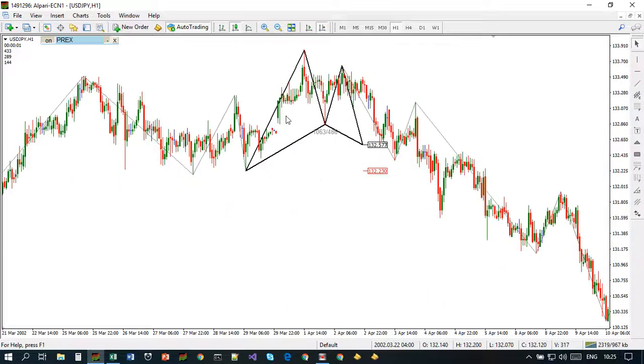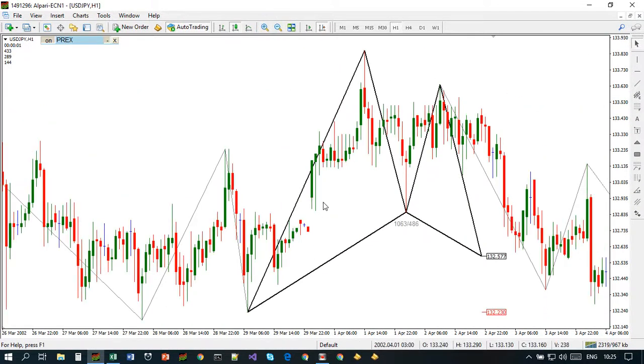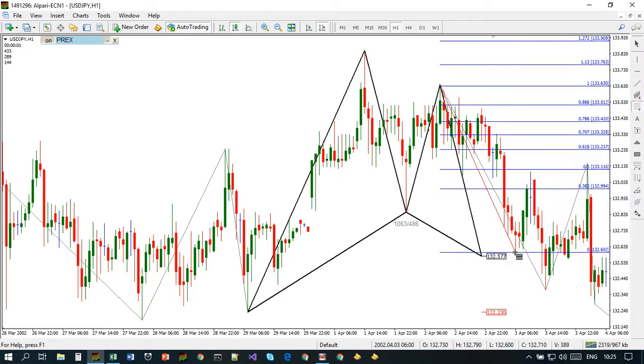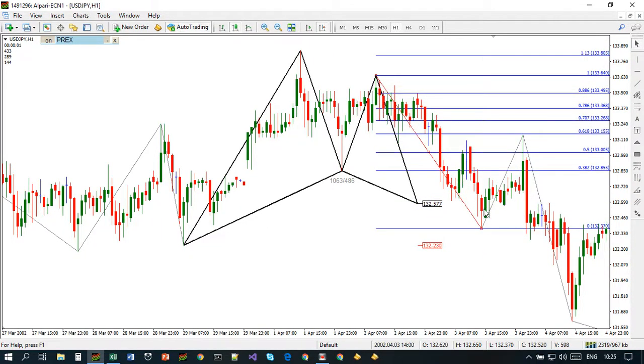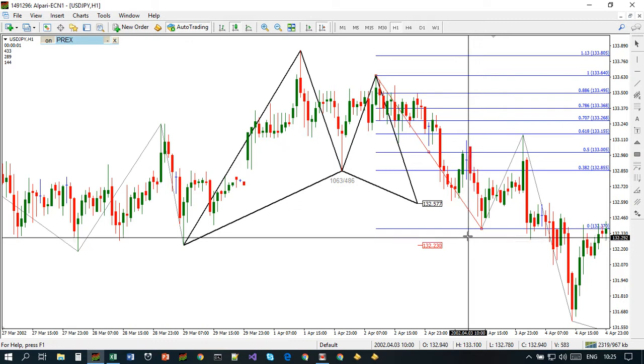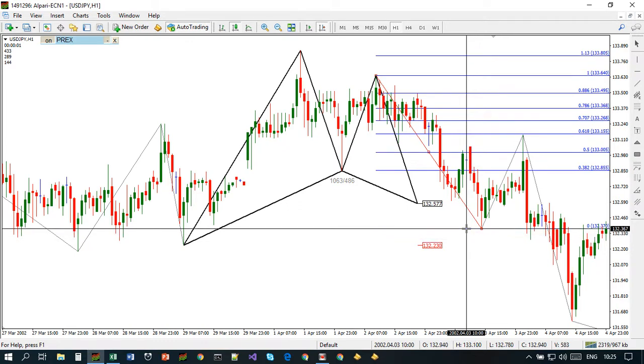Smaller Gartley on the top. The initial reversal, the pattern was not completed. Okay, then the second reversal is okay. Then we exceeded that and we broke it to the upside, and basically we should enter.